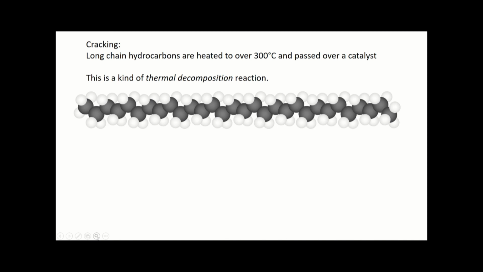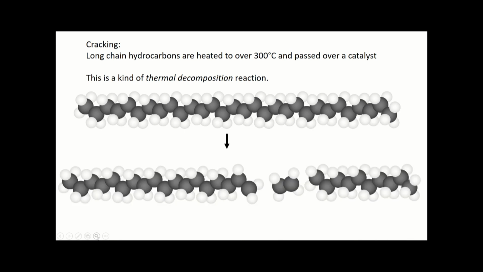It doesn't really matter, but 300 degrees C or high temperature is going to give a thermal decomposition reaction, which thermal means heat, decomposition means breaking down. So we're going to take this chain, we're going to break it up using heat, and this is what sort of thing that we might get. We might get a variety of products here, or we might just get two. In reality, we get a huge mixture of different things.